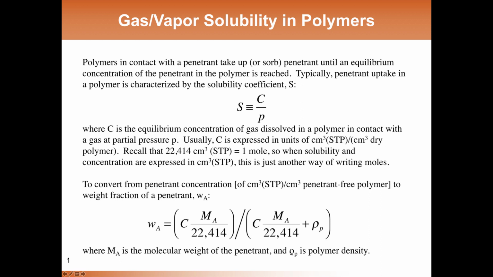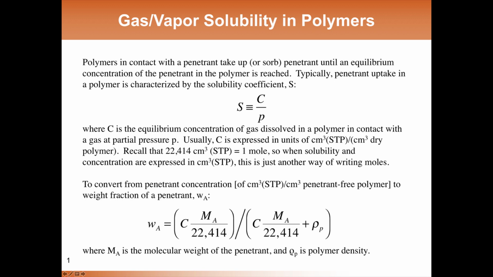However, historically, for gas and vapor solubility in polymers, we define the solubility coefficient as shown here. Often the units on concentration are expressed as cubic centimeters at standard temperature and pressure per cubic centimeter of dry, or penetrant-free, polymer.